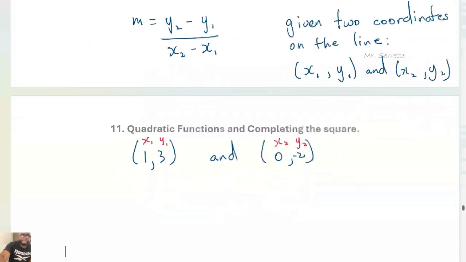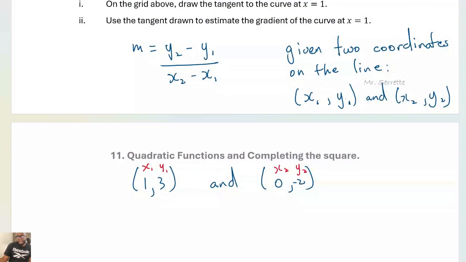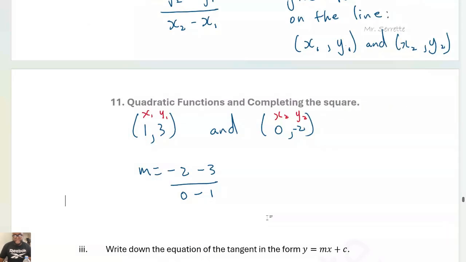Right. So let me go. I want you all to find the gradient. What is y2? -2 minus what is y1? 3, over what is x2? 0, minus x1, 1. So what would my gradient be here?